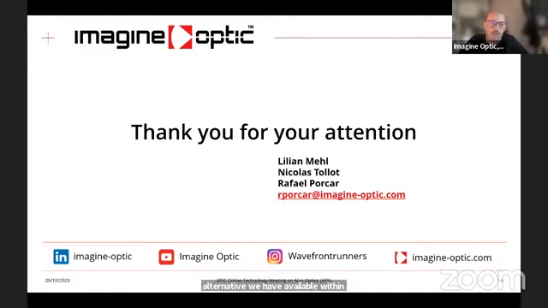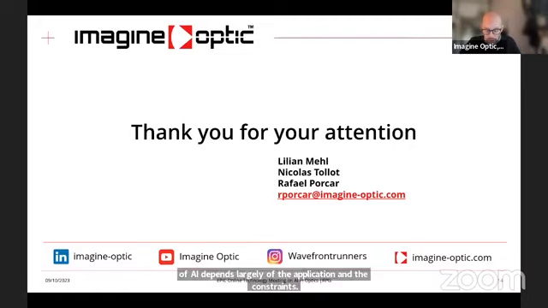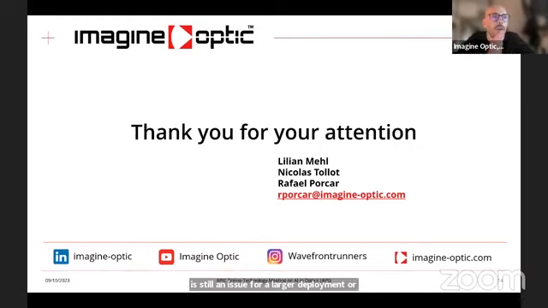And our conclusion is really that the benefit of AI depends largely on the application and the constraints, and that at the moment, processing images live is still an issue for a larger, or systematic, deployment of this kind of algorithm.